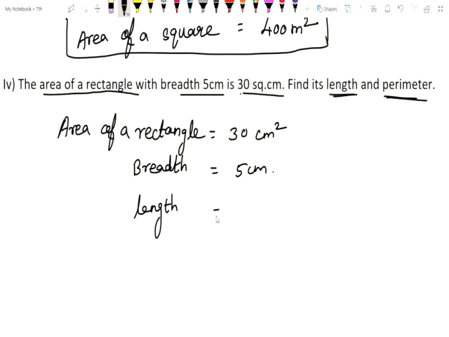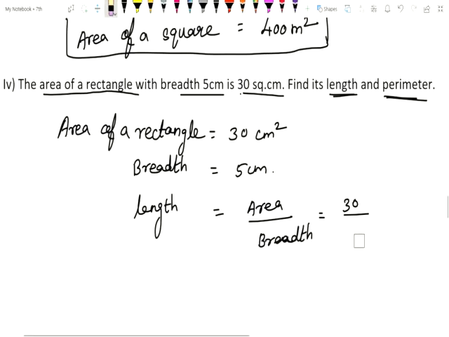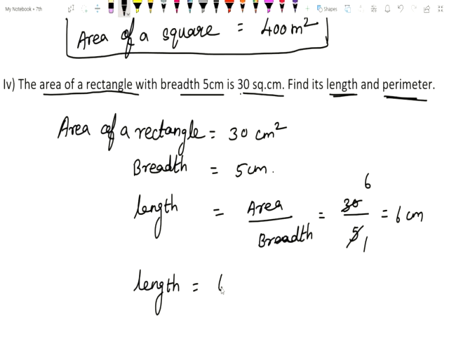First, length equals area divided by breadth. So area 30 by 5. 5 ones are 5, 5 6s are 30. So 6 centimeter. Length equals 6 centimeter.